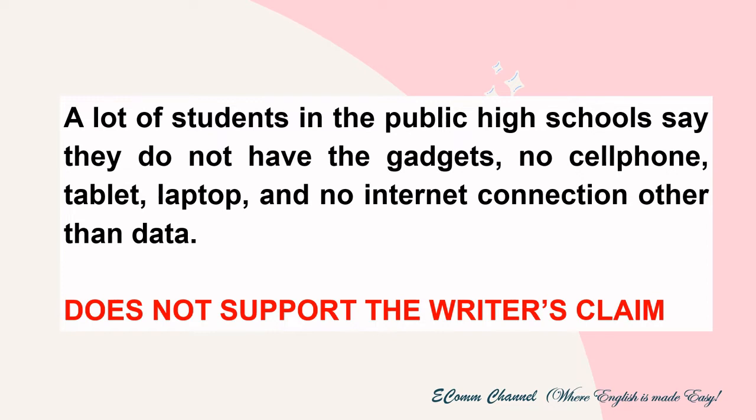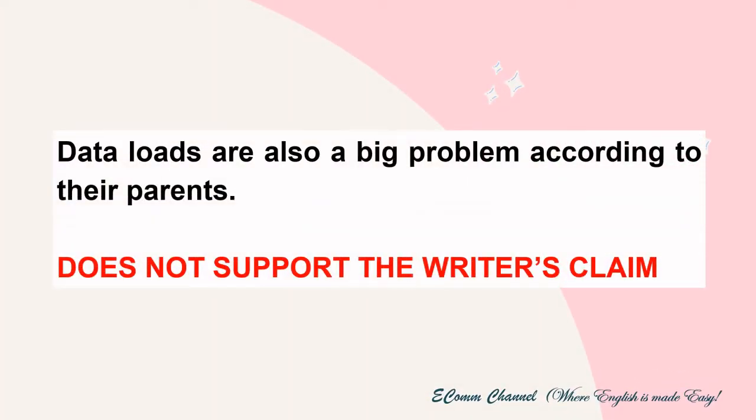Again, it does not support the writer's claim and stand. The next sentence provided a valid reason, again, for students' absence in the virtual classes or failure to comply with visual requirements. This, too, does not support the writer's claim and stand.